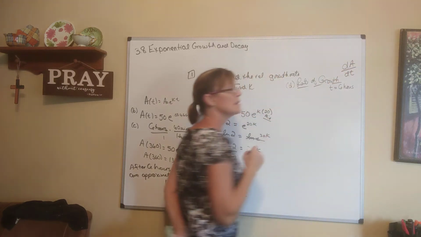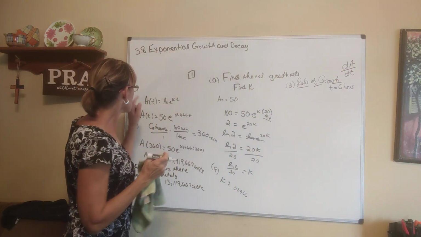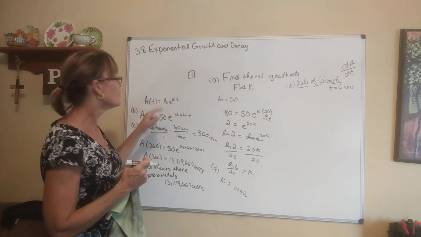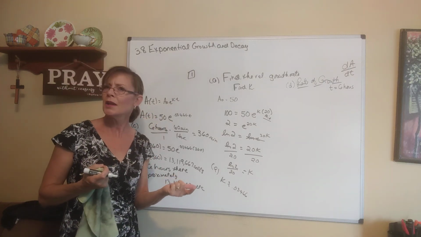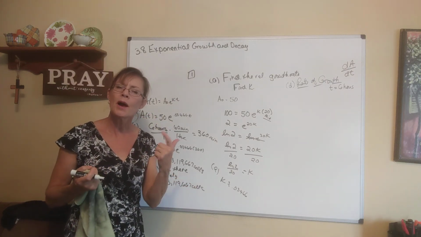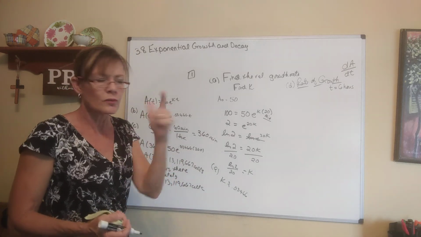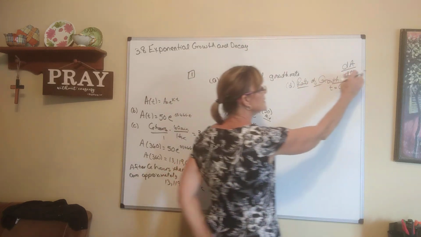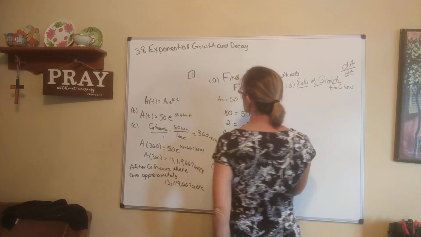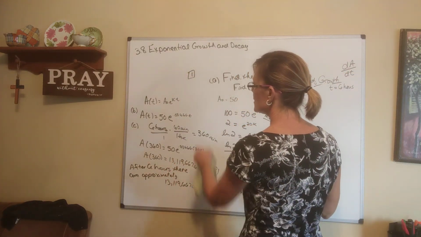Now, let me just say, I used the variable A, but many times I used P when I did this other time because P means population. I use P of t, P sub 0. It doesn't matter as long as you know what you're doing. So dA/dt is the rate of growth. So what's the derivative? Here's my function.